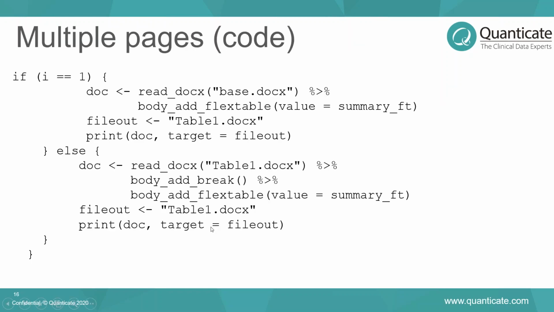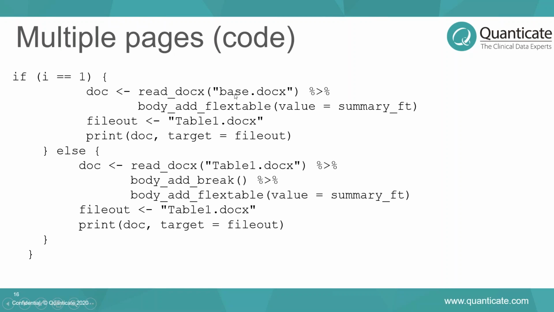And we can do that using this body_add_flextable function. So the full function code is available in the paper, but this is the key part. So once you have started this, there is a loop. This is all encased in a for loop, sorry. And basically, it tells it that when the page equals 1, so i here is the page number, then do as we did before.